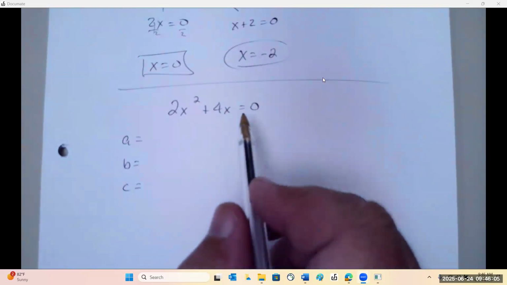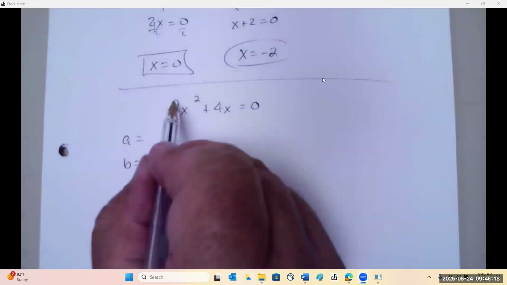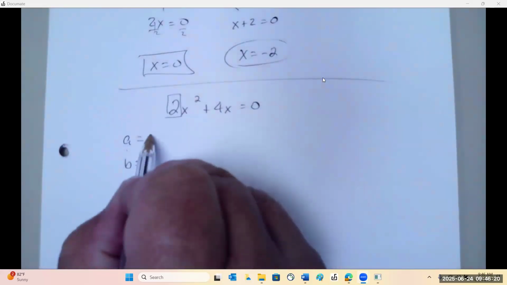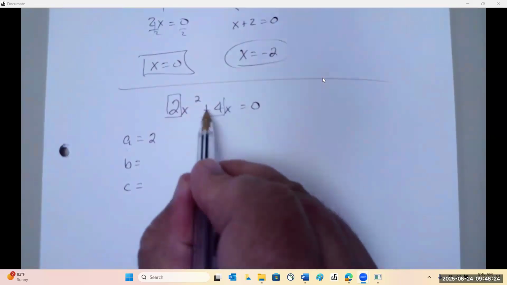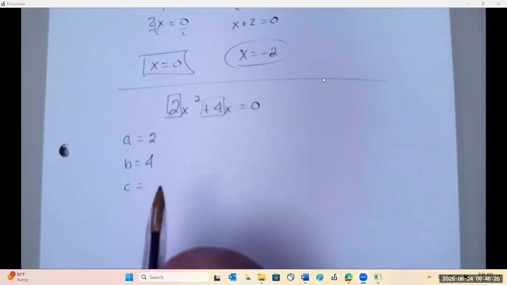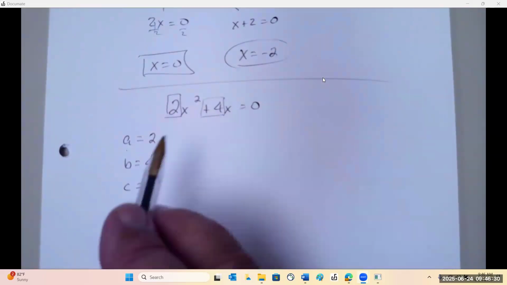Because if it doesn't equal 0, your A, B, and C are not going to be real numbers. They're going to be wrong signs. So what's A? A is in front of the x squared. It's 2. What's B? It's in front of the x. It's a positive 4, so it's 4. What's C? There is no constant, so it's 0.